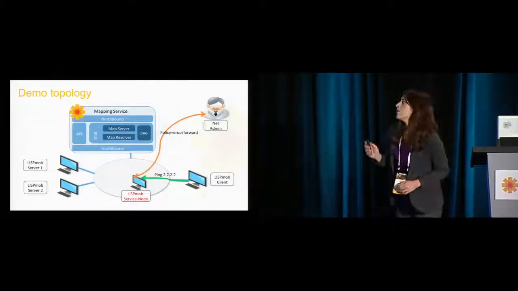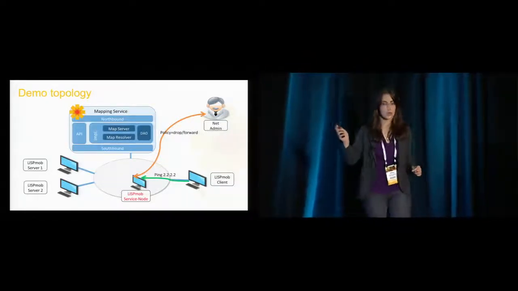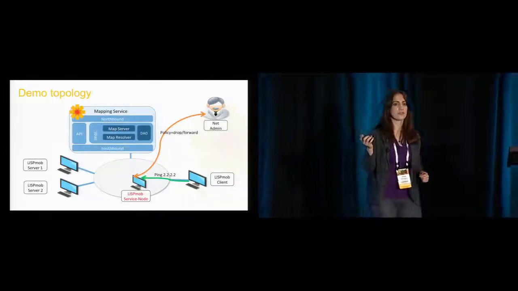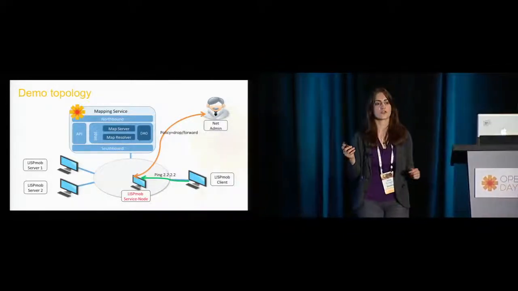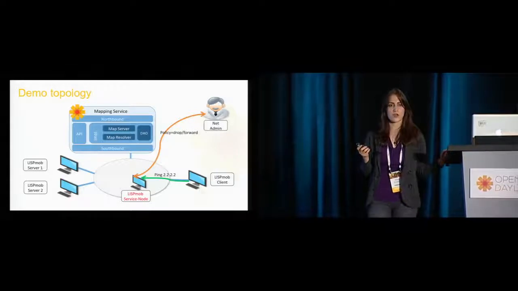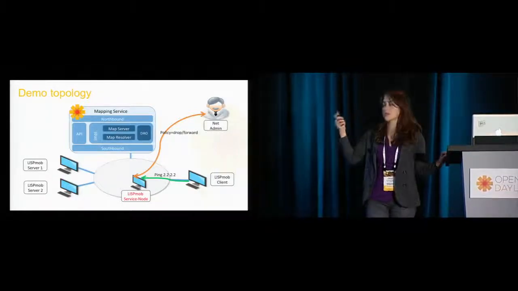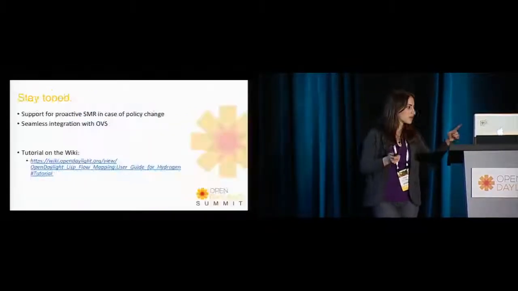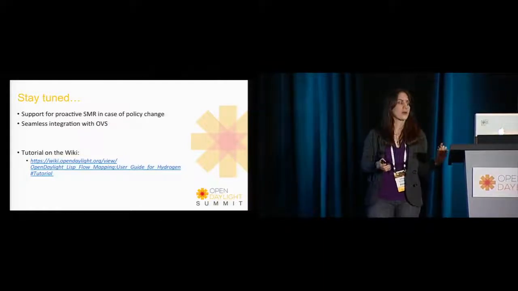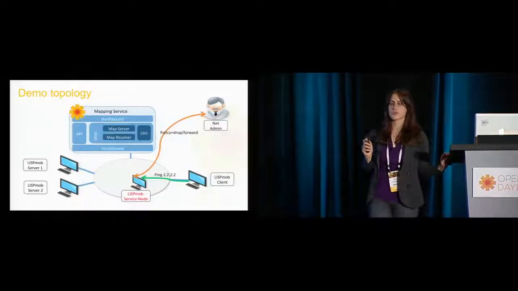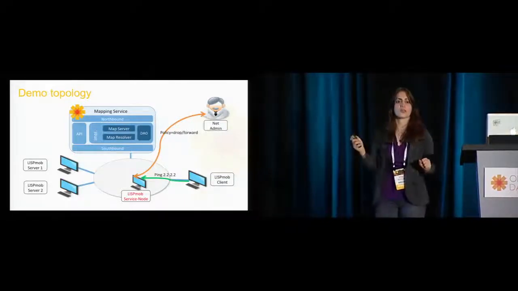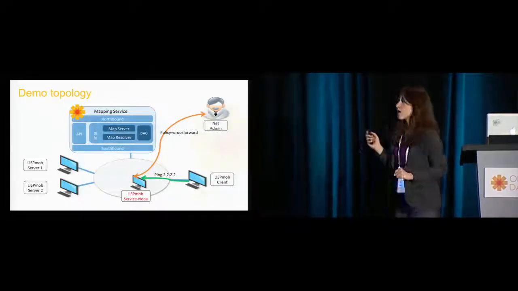Okay, so the service node in general, this version of LISP in the Hydrogen release does not support a proactive mapping system. So everything that we described here, and that was just my last slide, everything is pulled from the mapping right now. So the client pulls the change of policy, and so does the service.